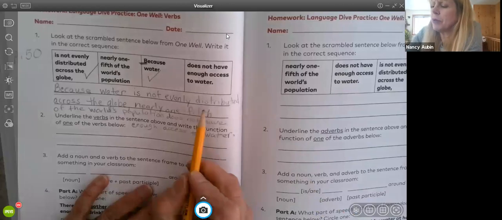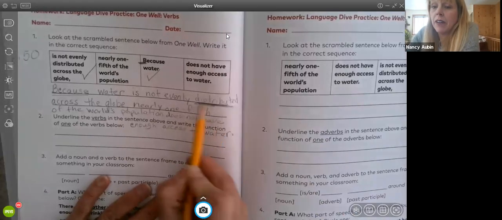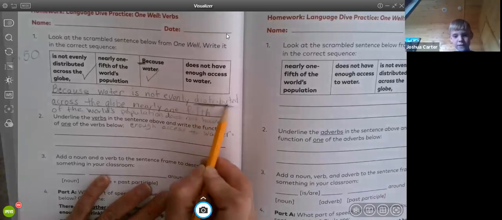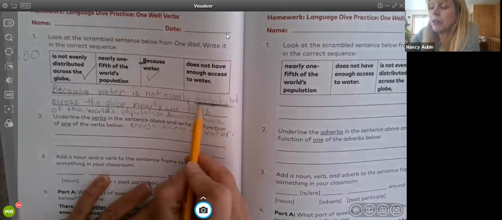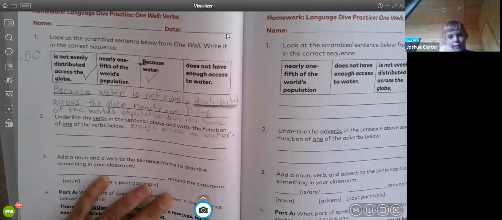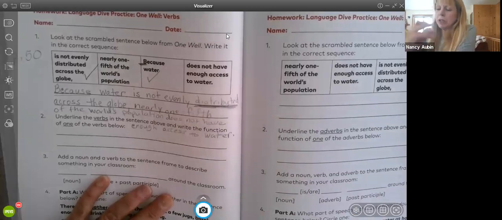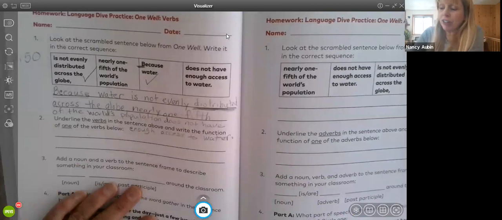Paxton, what is the first one? Distributed. You did it. Distributed. It's not distributed. That means passed out, shared. It's not evenly shared across the globe.